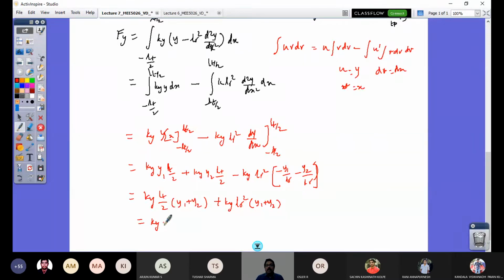ky LT by 2 plus ky LR square into y1 plus y2. So that's going to be ky within bracket LT by 2 plus LR square into y1 plus y2. So LT by 2 plus LR square.